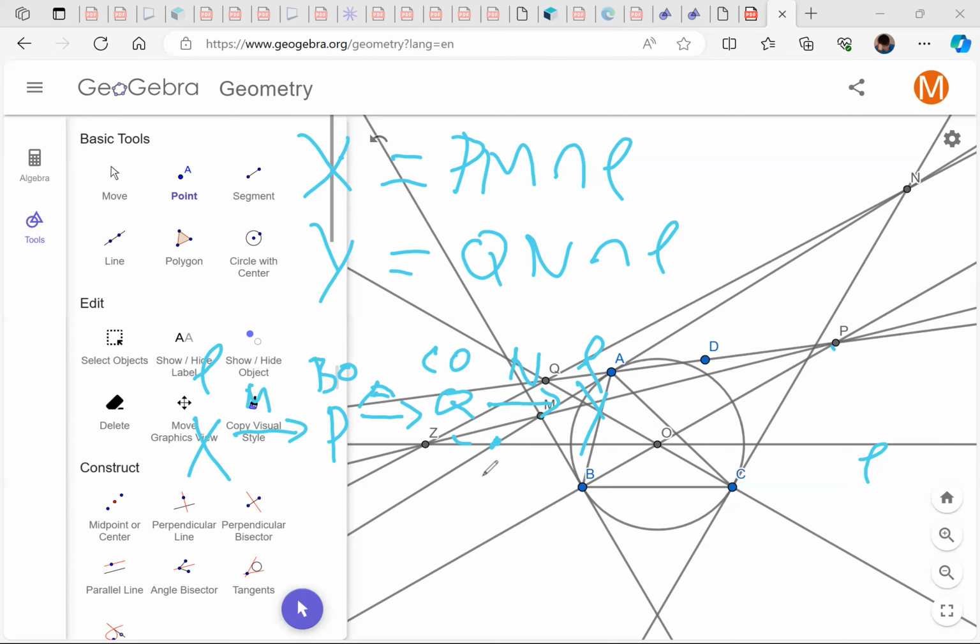Let me see. I think. Oh, it's really hard to see. Damn it. This is tough because everything just looks the same. Might be a bit of a problem.